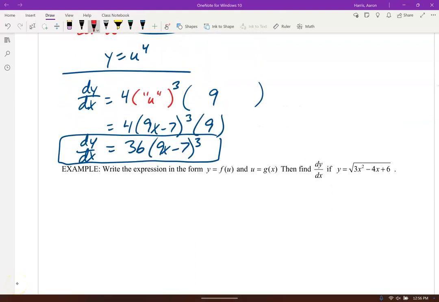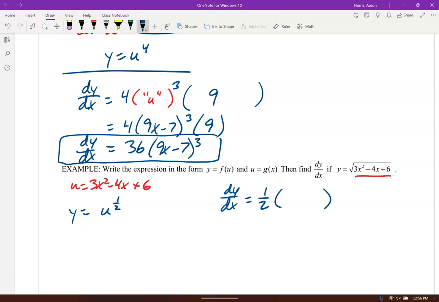Let's go ahead and let our u be that radicand there. So our u is that 3x squared minus 4x plus 6, which means the y would have to be u to the 1/2, or the square root of u. And now let's go ahead and take the derivative. So dy dx would be 1/2 u to the 1/2 minus 1, so negative 1/2. And I'm going to put the u in. And now, don't forget, I still got to take the derivative of u, right? Chain rule. This is the chain rule part.